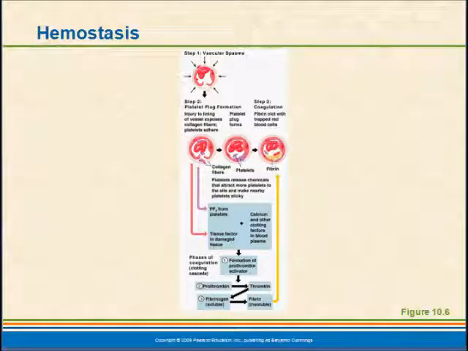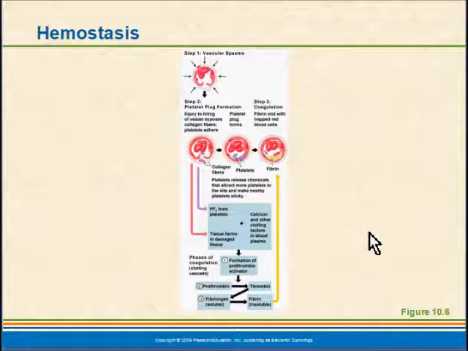This graphic just kind of shows you the general steps involved. We have the vascular spasm slowing down blood flow, which allows the platelets to attach to damaged tissue, which releases chemical compounds, which ultimately forms the clot.